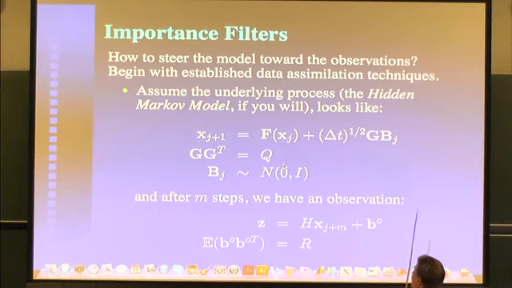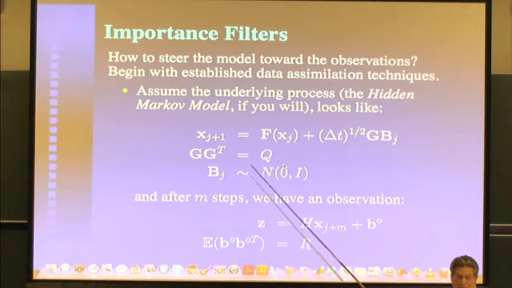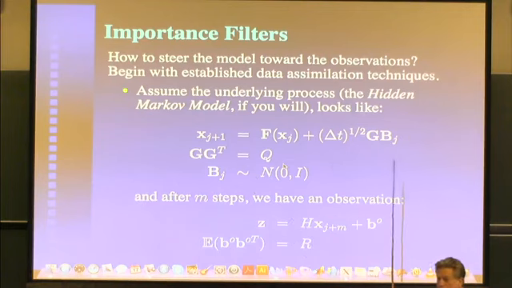Anyway, the way it sets up, and this is the way the weather centers actually do it, is that you assume there's some underlying process, which some people would call a hidden Markov model, because you can't observe the whole state variable. You only observe what you observe, and you try to infer the state.